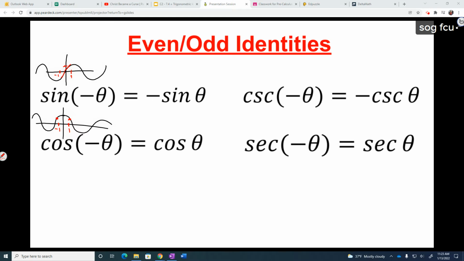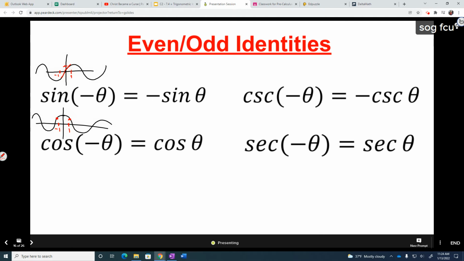Here, they're the same y value. So whether it's a positive or negative that you plug into cosine, you actually get the same answer. Whereas with sine and cosecant, if you plug in a negative, you get the opposite answer. You get a negative y value. So that's why this is the case. And you don't have to understand that, just know this list, but if you're curious as to why that is, that's why.